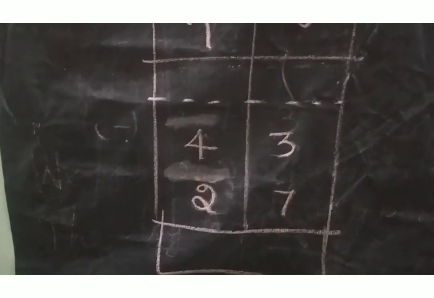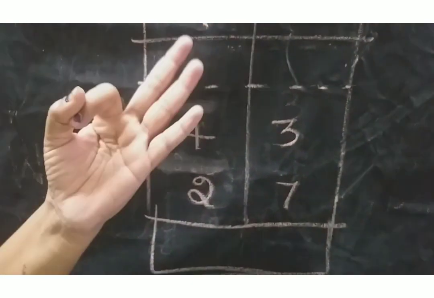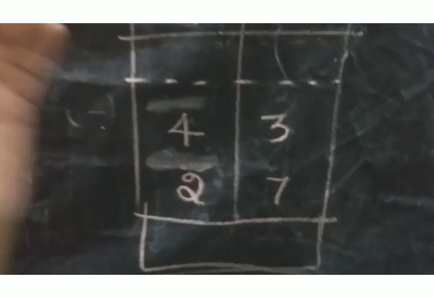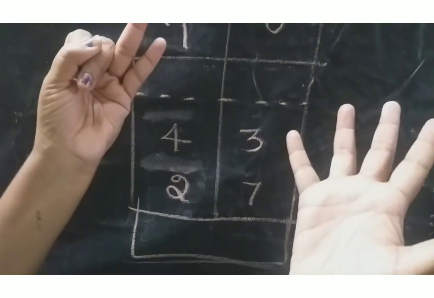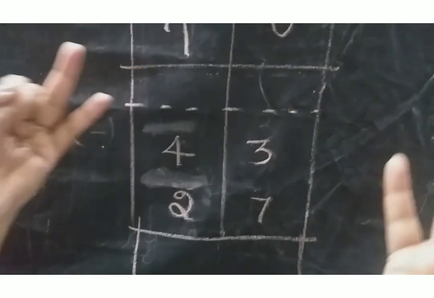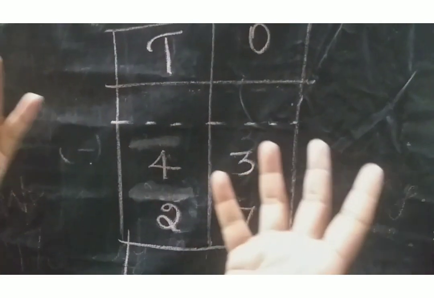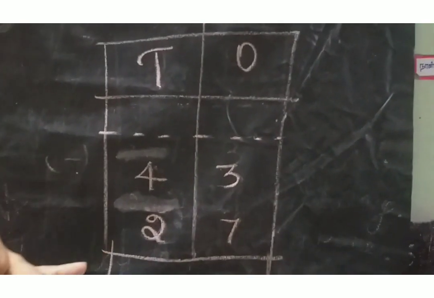First of all, listen. 3 in the mind, 7 in the finger. 3 is the smaller number and 7 is the bigger number. So we can't subtract 7 from 3, isn't it?